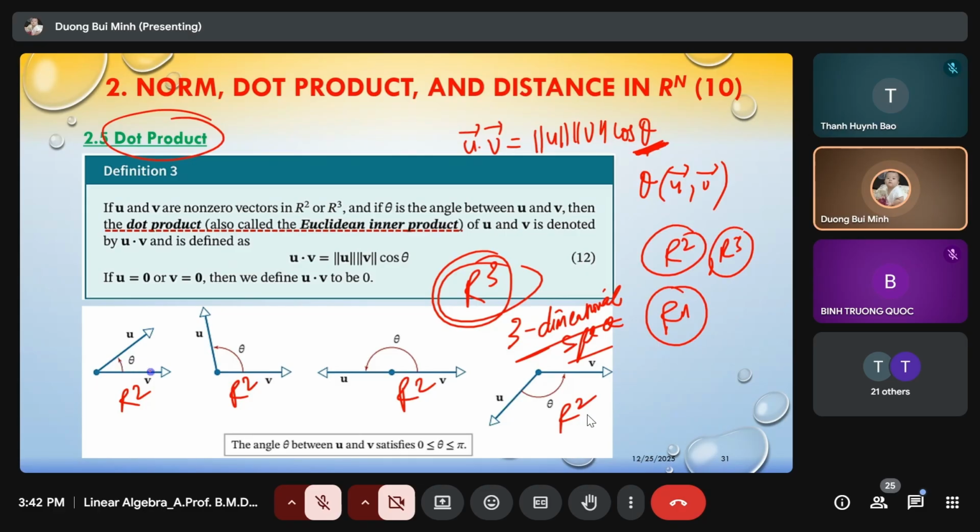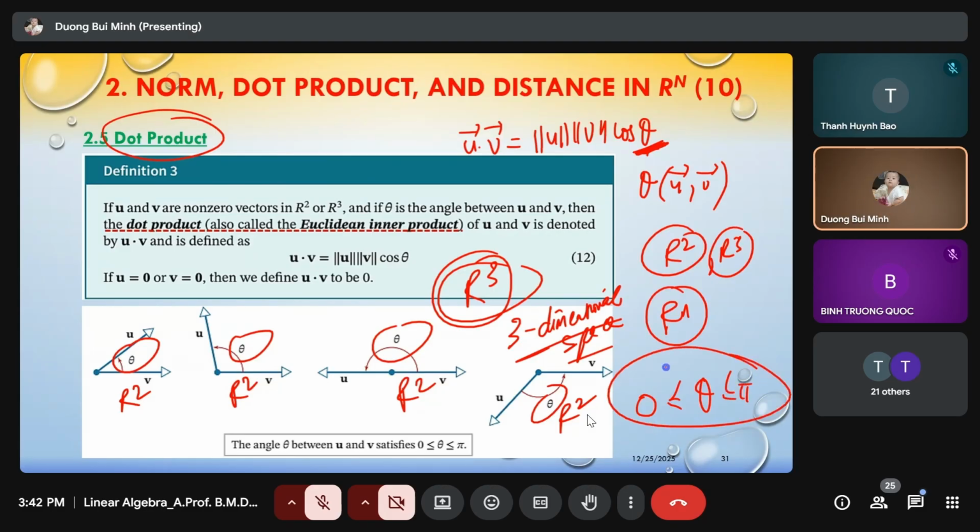So we know the theta from vector V to vector U. Theta is greater than 0 and less than pi. Like the geometrical circle: this is cosine, this is sine, this one is 0, and this one is pi.